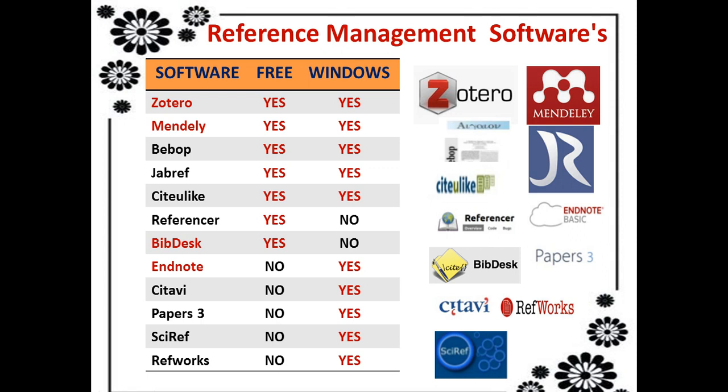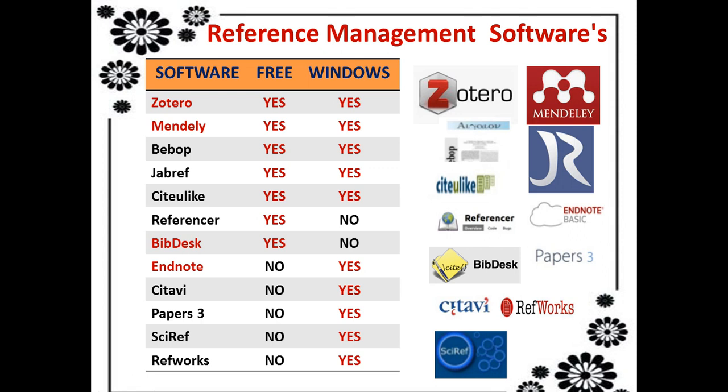Now, the list which I have mentioned is very short. We have n number of softwares. Among these, these are the few which are user friendly and also available in free versions which suit Windows.